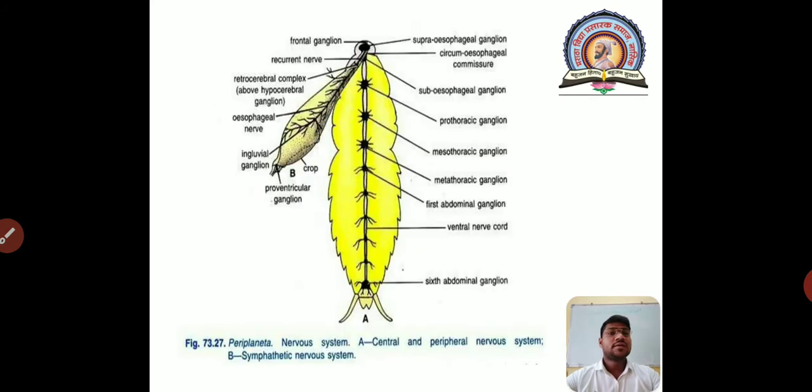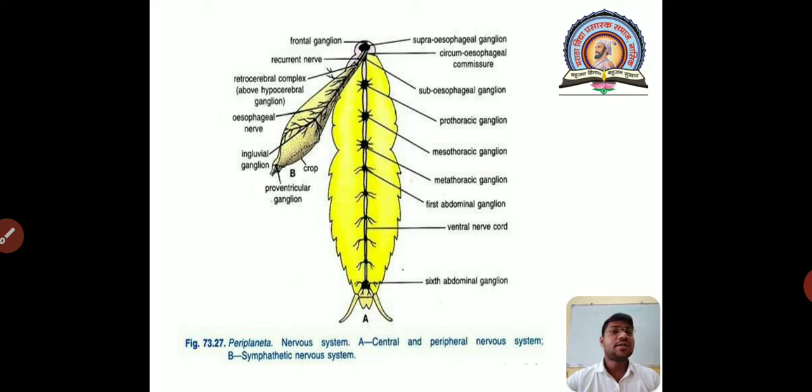Here in the diagram you can see the parts of the nervous system of the cockroach. The upper part is the supraesophageal ganglia, then the subesophageal ganglia, a whitish mass, then the prothoracic ganglions.